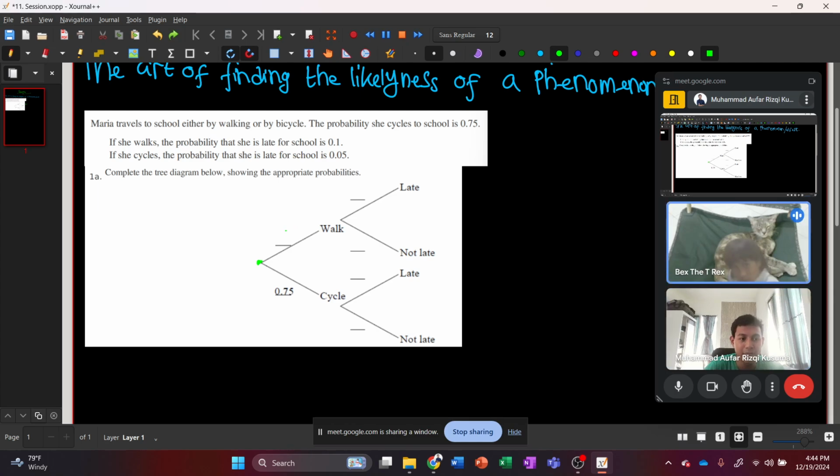If so, then the probability of walking is 25. 25 what? Percent or just 25? 0.25. So you have to differentiate between when to use percentage and when to use decimals. This is decimals.